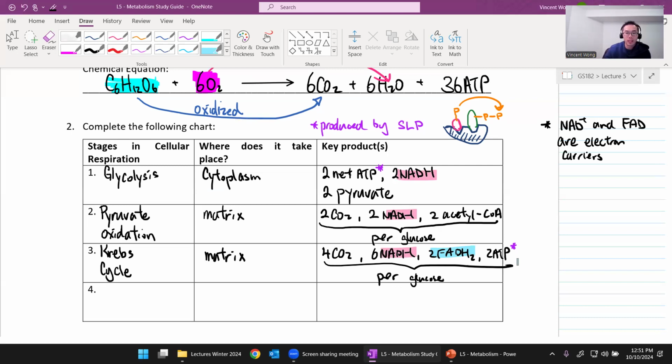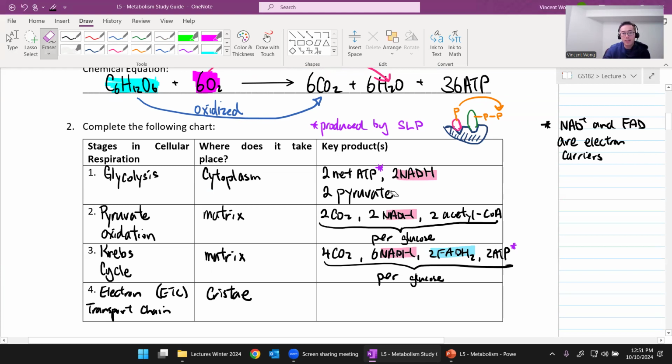Where will they be taken to? You see? That's right. So that's the last step. Electron transport chain, okay, or ETC for short. And this is going to be in the crista.